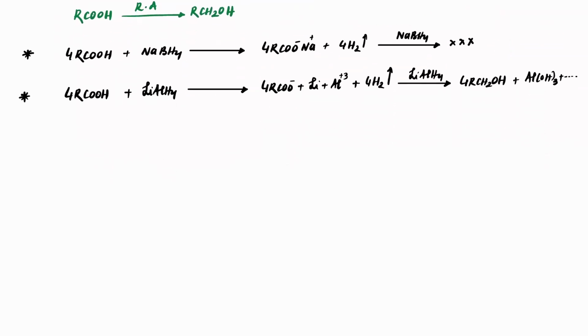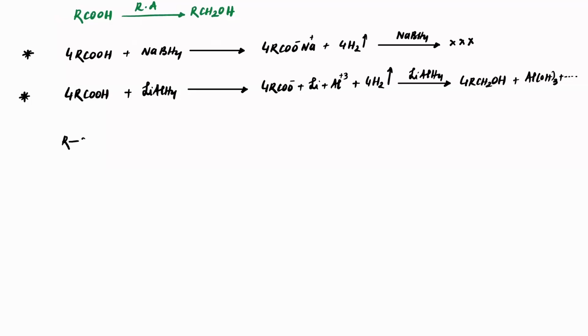So how come it is happening with lithium aluminum hydride and not with sodium borohydride? The reaction is successful with lithium aluminum hydride, but NaBH4 is not able to do it. Now just see the mechanism.